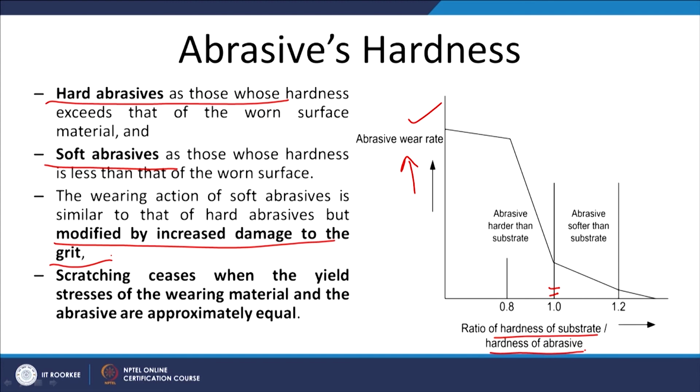So, soft abrasives will be modified very rapidly as compared to the hard abrasives in the course of abrasion. And the scratching action is stopped or significantly reduced when the yield stress of the wearing material and the abrasives are approximately the same. So, if the hardness of the workpiece and abrasives are almost close to each other, it will cause lesser abrasion.